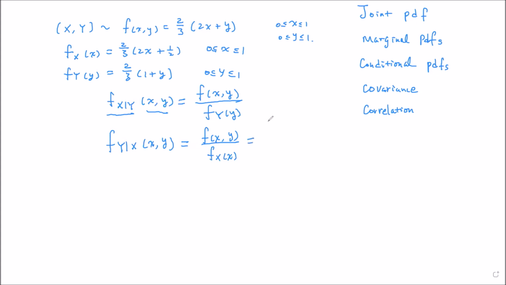So we simply plug in these functions, and we would get the conditional density. f_X is 2/3 times 2x plus 1/2. So that's 2x plus y over 2x plus half. All right. And it's a little bit tedious to check that this function is a density function. We can check some of them.